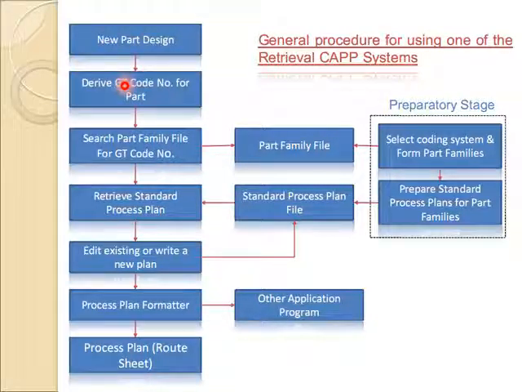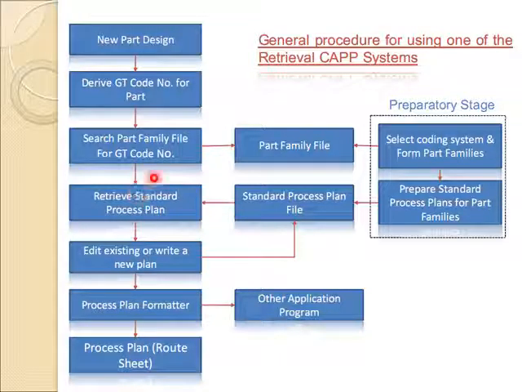We have certain group technology parts already assigned to some family, so that we can match. Then we search the part family file for the GT code number. Then we retrieve the standard process plan, so we get the standard process plan for that particular product. Then we edit the existing plan, or write a new process plan.